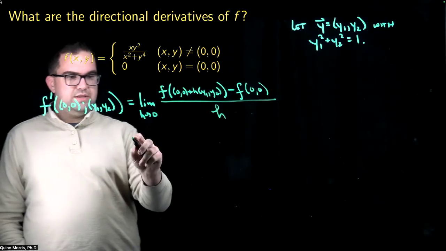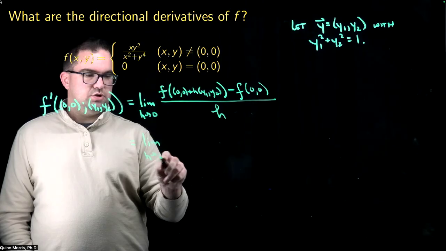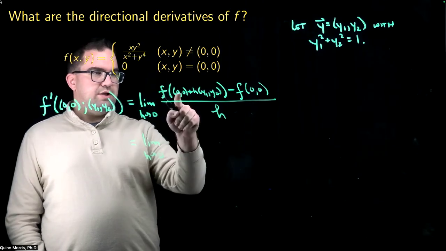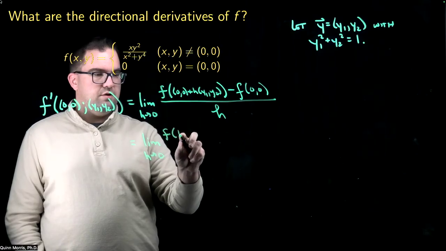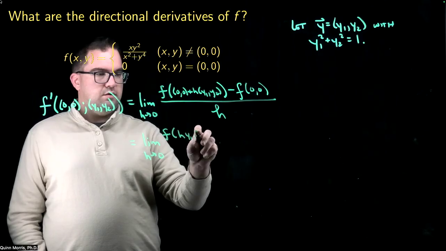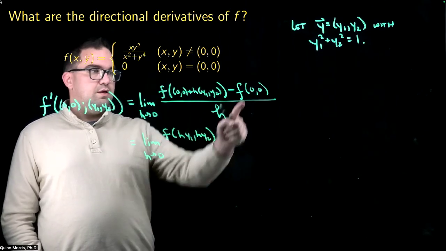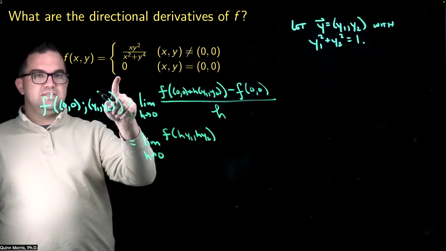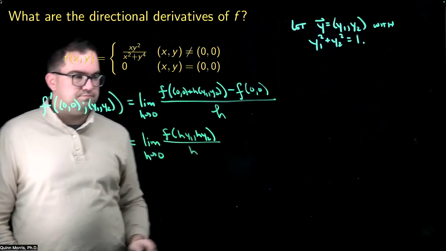That becomes the limit as h goes to 0 of f of h y1, h y2. F of 0, 0 is defined to be 0, so that disappears, and it's this over h.